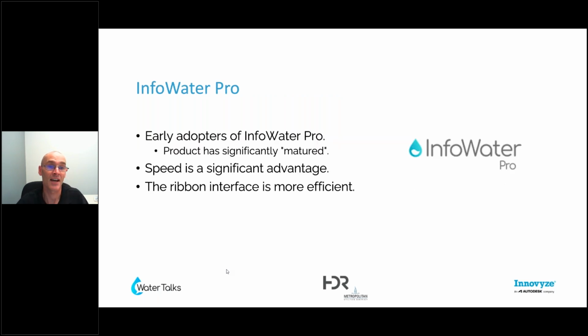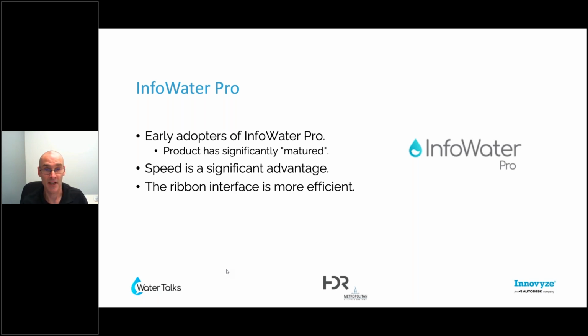And then on the next slide, I just wanted to chat a little bit about InfoWater Pro in general. This was an exciting project for us, because right as we started, InfoWater Pro had just come out, and the district was already talking about ArcGIS Pro and transitioning over. So we decided to use Pro on this project, and we were early adopters, probably one of the first clients and one of the first users of Pro.